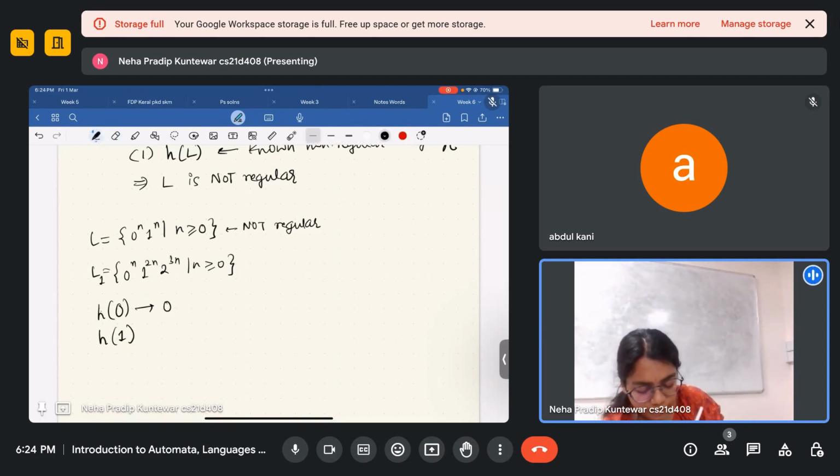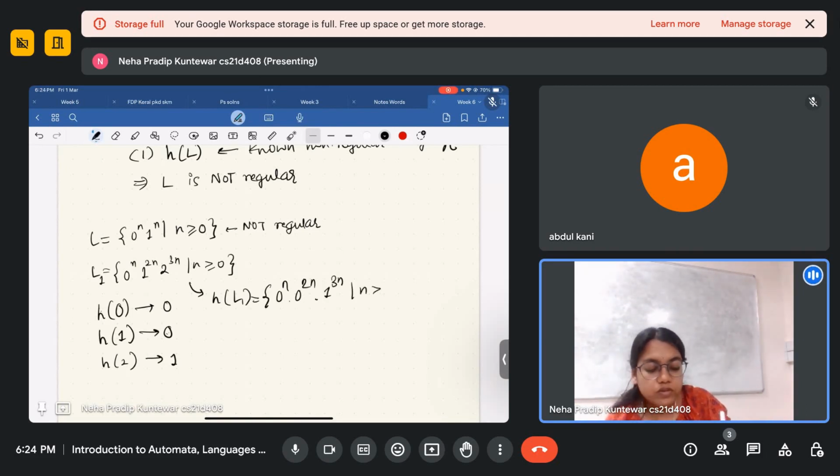Let's take the same alphabet. Let's say h of 0 is 0, h of 1 is also 0, and h of 2 is 1. So what happens to L1? h of L1 is basically 0 to the n, 0 to the 2n concatenated with 1 to the 3n.